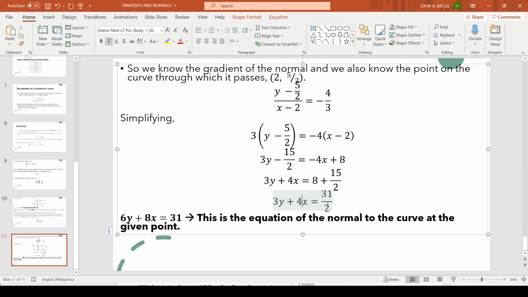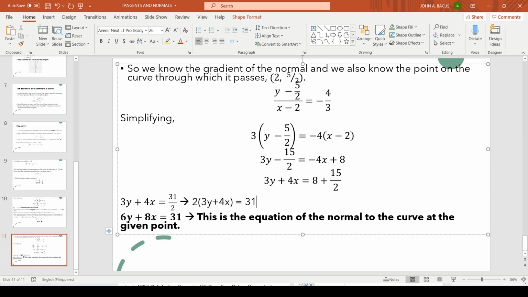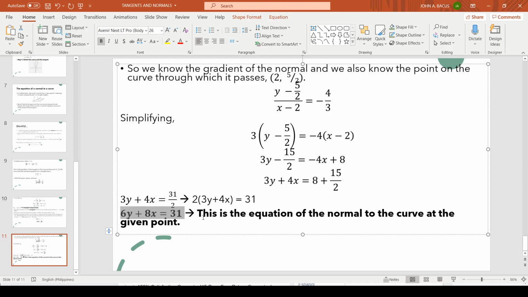And then, this one, 2 times 3y plus 4x is equal to 31. So, it becomes 6y plus 8x is equal to 31. Now, that is the equation of the normal to the curve at the given point. So, you already have the tangent equation and the normal equation. You have the answer already.